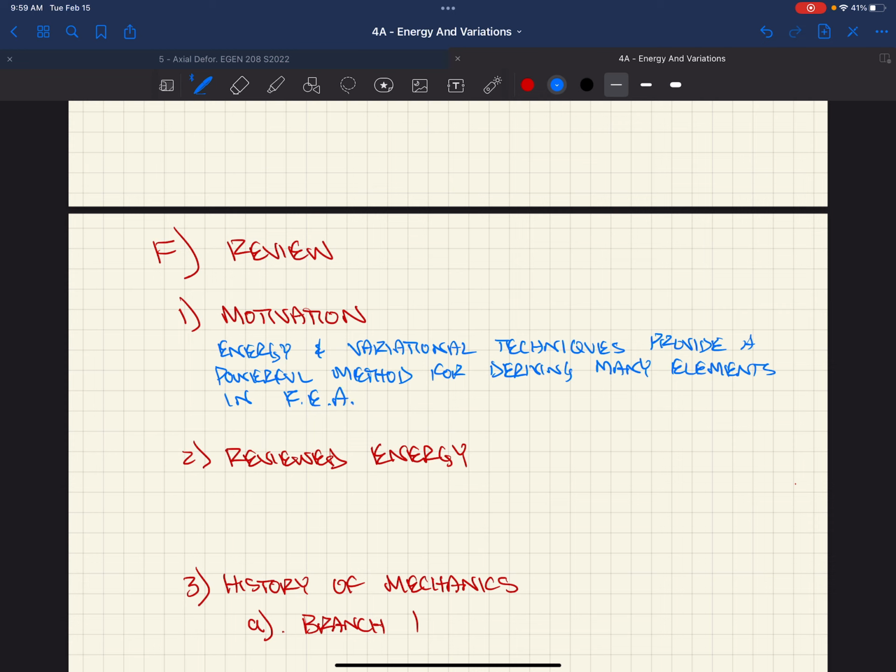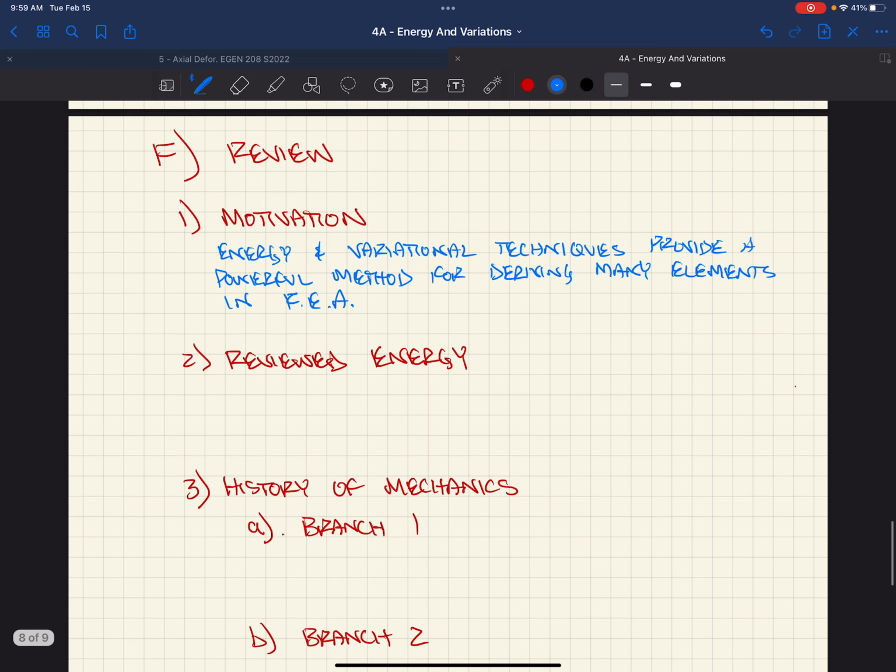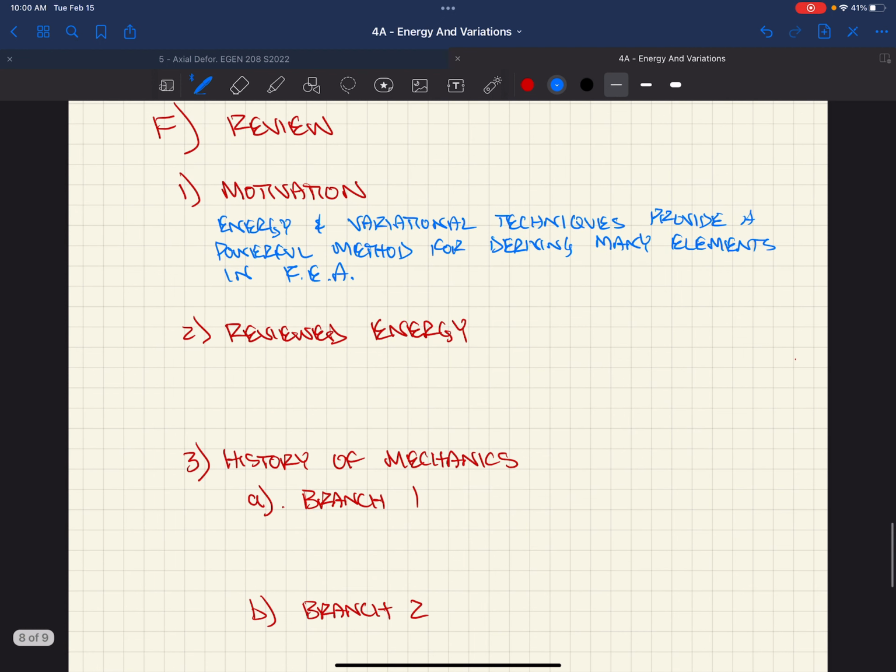That's the tool. We're going to use this as a tool so that we can derive more elements to hopefully provide solutions to a wider range of problems.